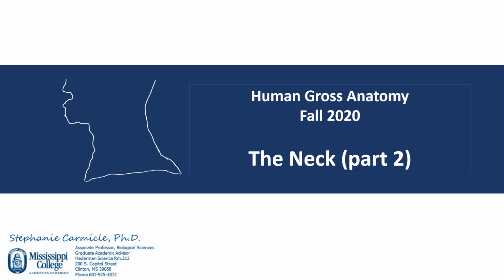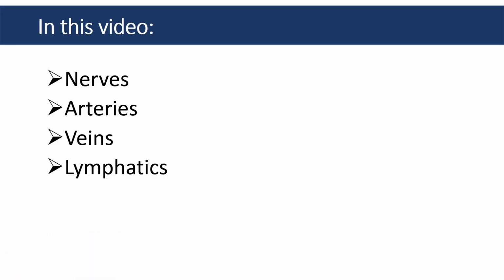I'll look up the page number for that chart in this version of the notes and let you know. In this next part of the video, I want to talk about the nerves, arteries, veins, and lymphatics that are going to be found in the neck.